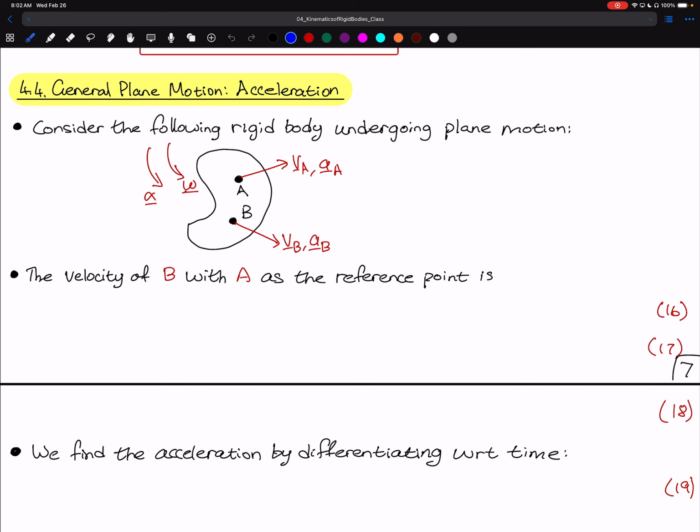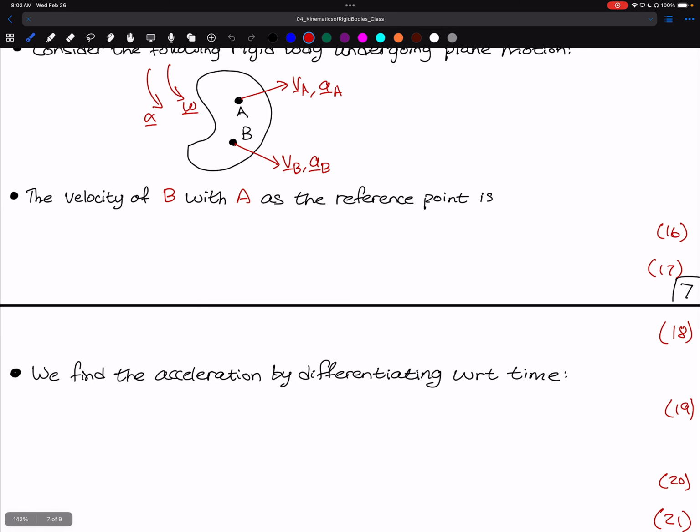We previously said that we can express the velocity of point B, or VB, as being equal to VA plus the relative velocity B/A. And then from that you can solve for V_B/A, which is equal to VB minus VA.